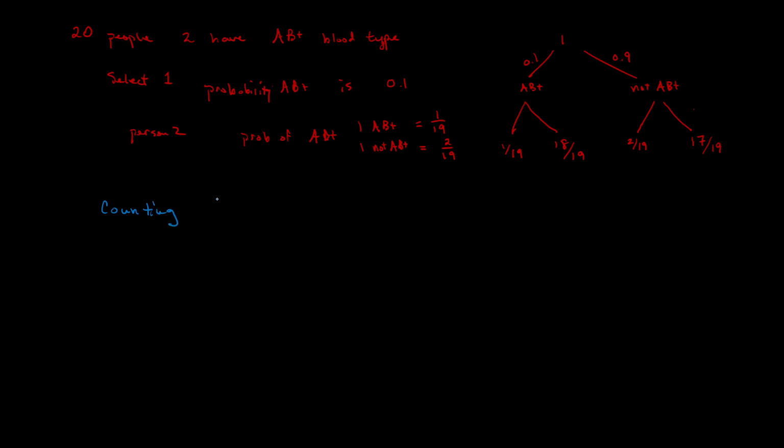Counting would be, let's see, how many ways to select 10 from 20. Is order important? No. So we're talking about a set partition. They're either in the 10 we select or not. So this becomes combinations of 20 things taken 10 at a time.